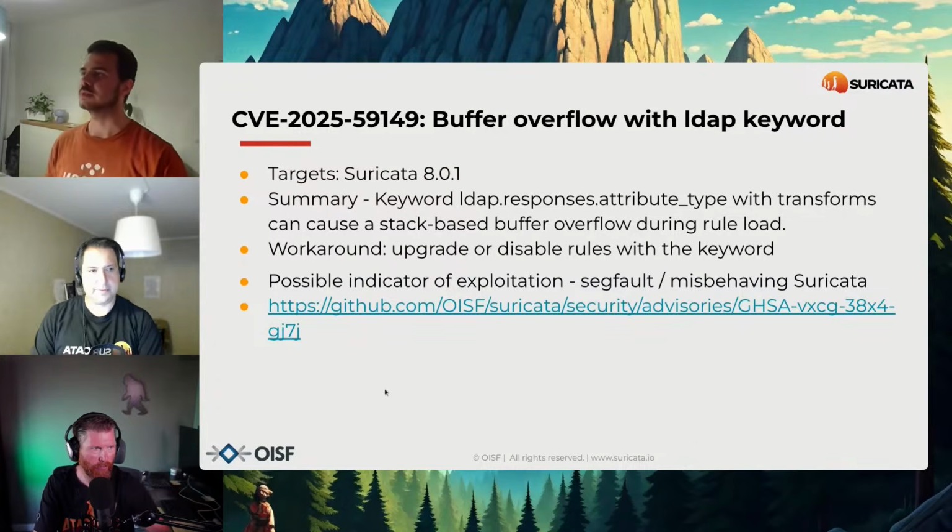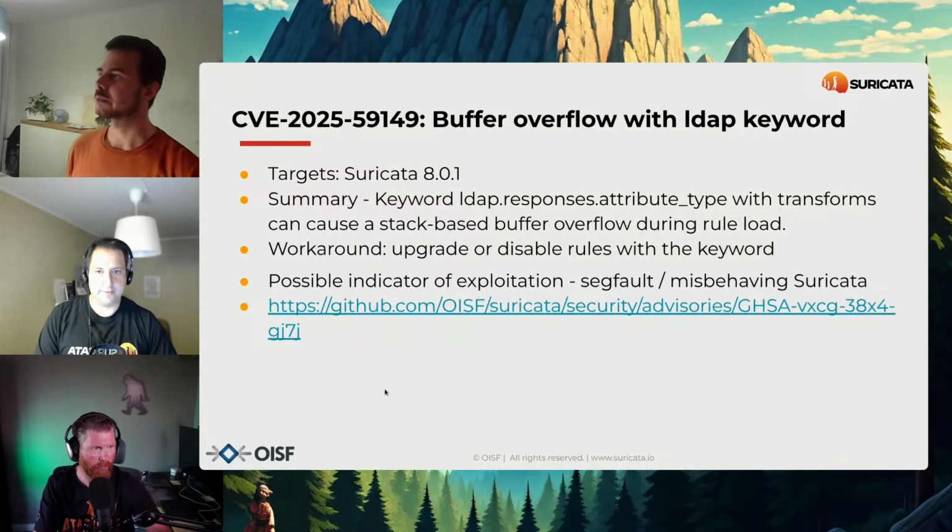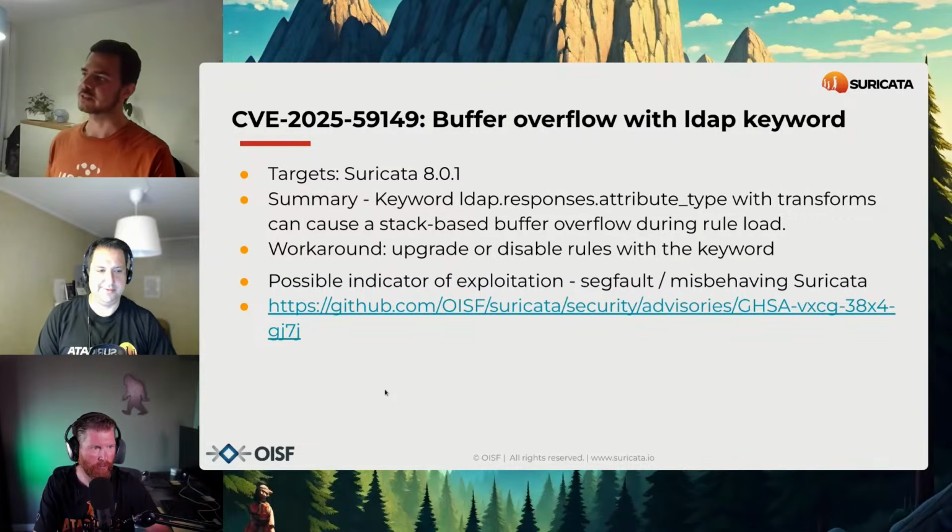The next CVE is about the LDAP keyword. There is a specific keyword called ldap.responses.attribute_type.